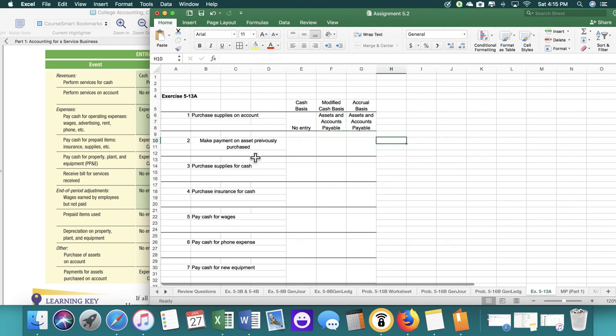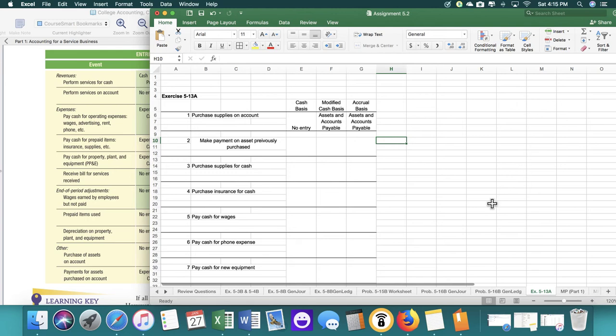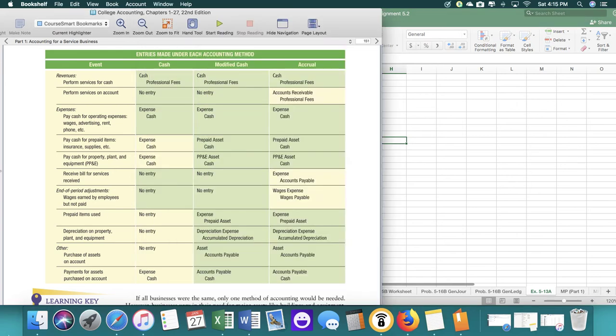Make a payment on an asset previously purchased. So we can look over here, and it doesn't give us the information we need. It doesn't tell us how we're going to record it. Aha, it does. I wasn't reading far enough.